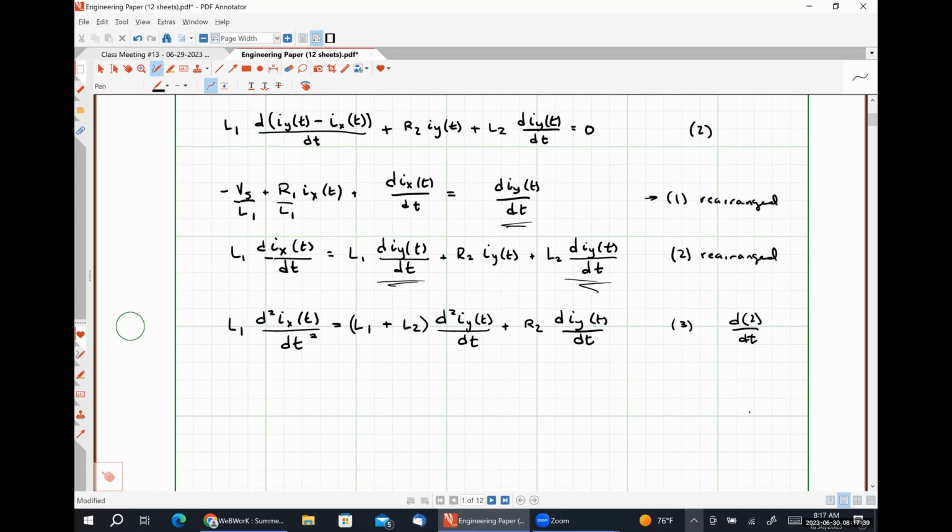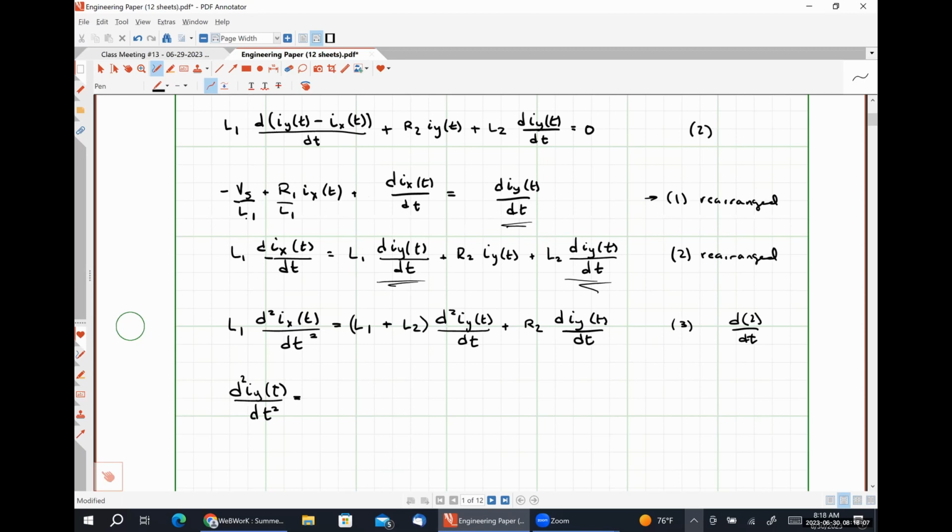We take the derivative of 1, we are going to have the second derivative of Iy with respect to time equal to 0, because the derivative of that constant term is 0.